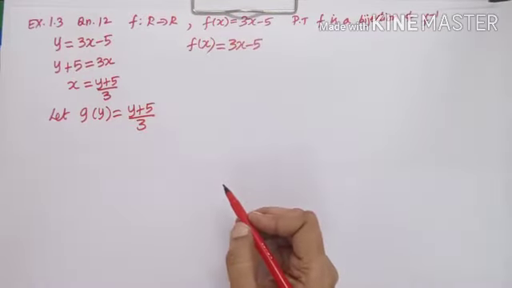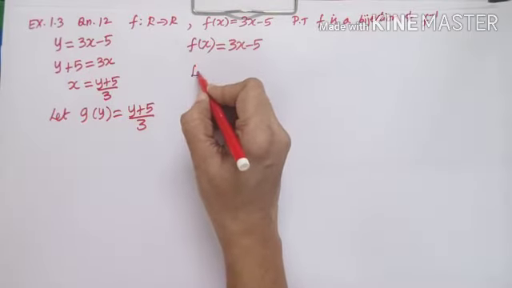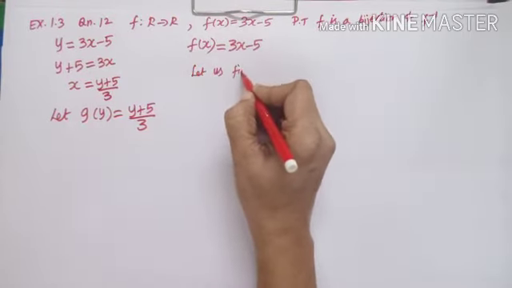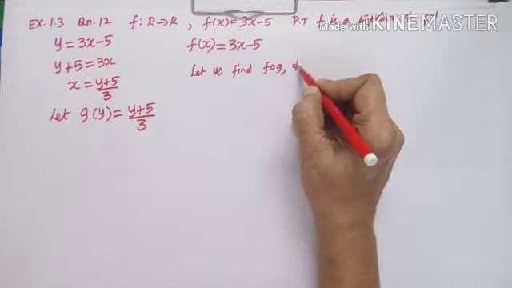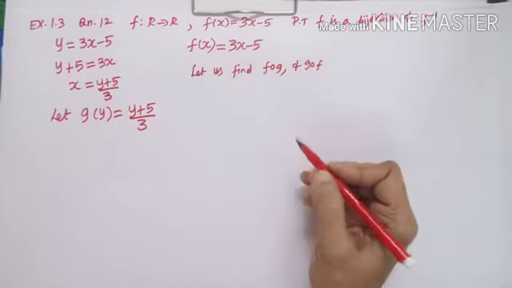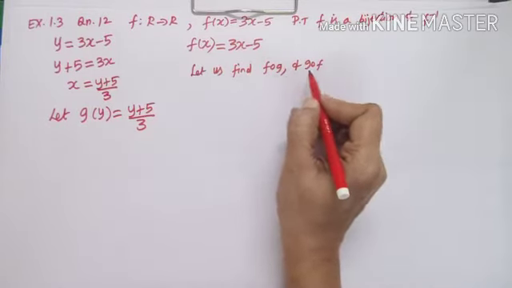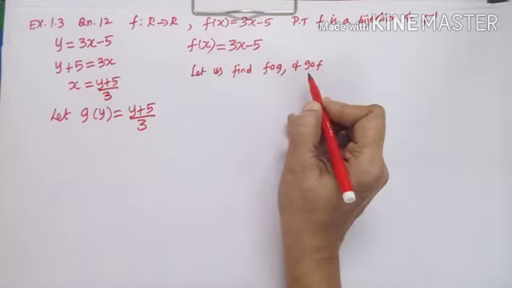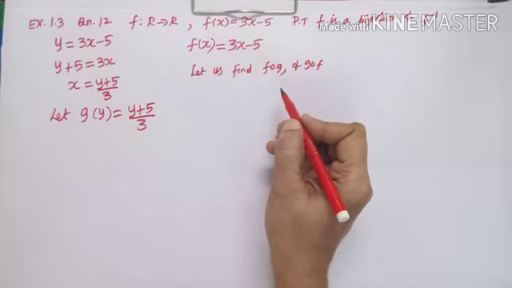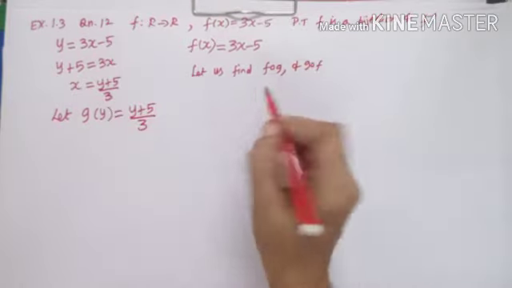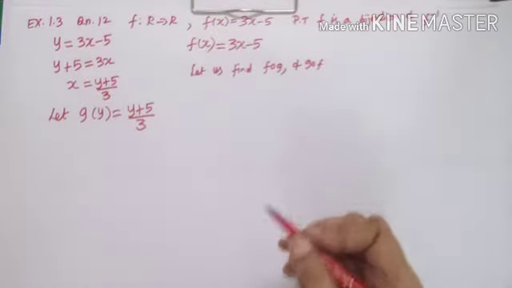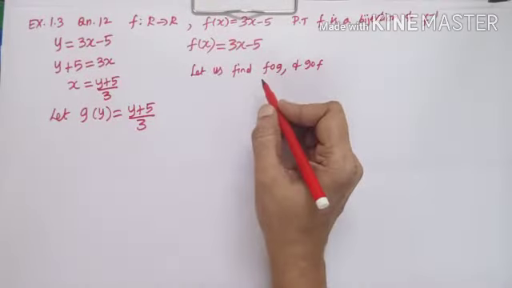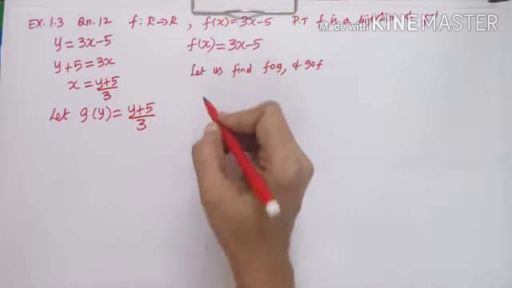Let us find f∘g and g∘f. Suppose I am able to show these two are identity functions, I can immediately declare f and g are inverses of each other and f is a bijection, and that is the idea. So we need to find f∘g.